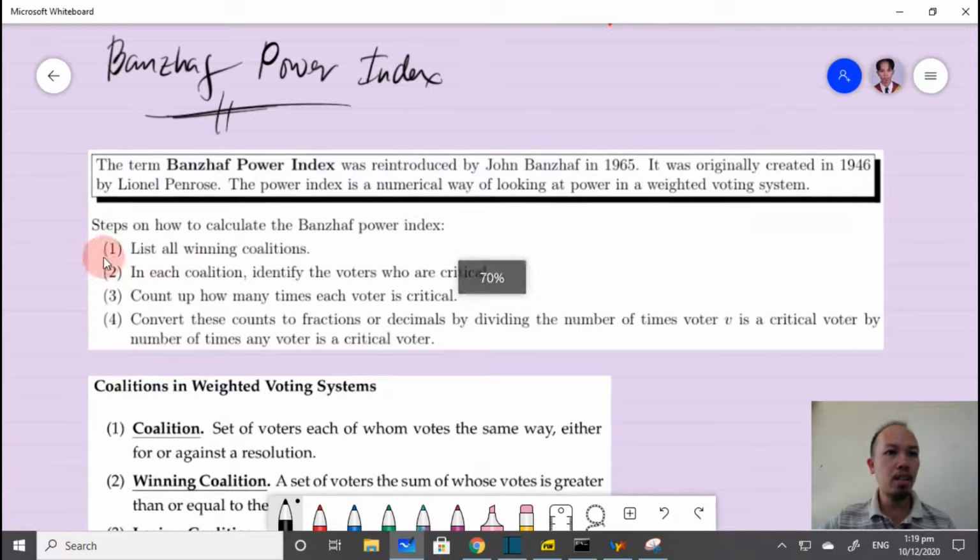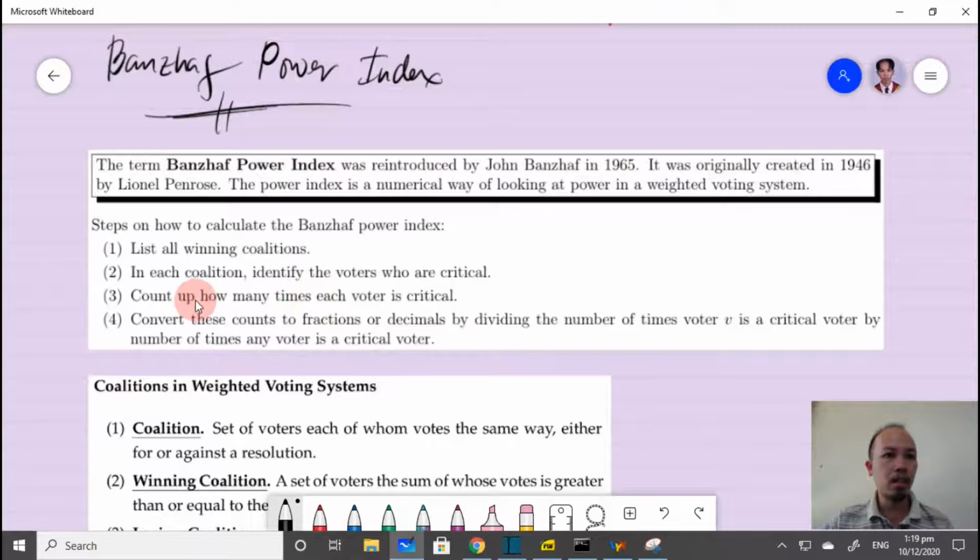These are the steps on how to calculate the Banzhaf power index. As you can see, there are 4 steps. First, list all the winning coalitions. We will define that later. Then in each coalition, identify the voters who are critical. I'm going to discuss what we mean by critical.